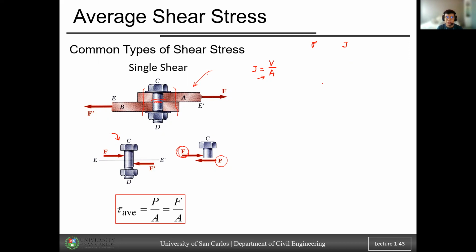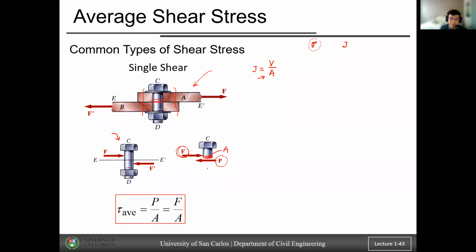And the other types of shear will be represented as sigma with a subscript. Okay, so force over area. Again, the area of contact will be the one where the shear force is sliding. So this is the area of contact.